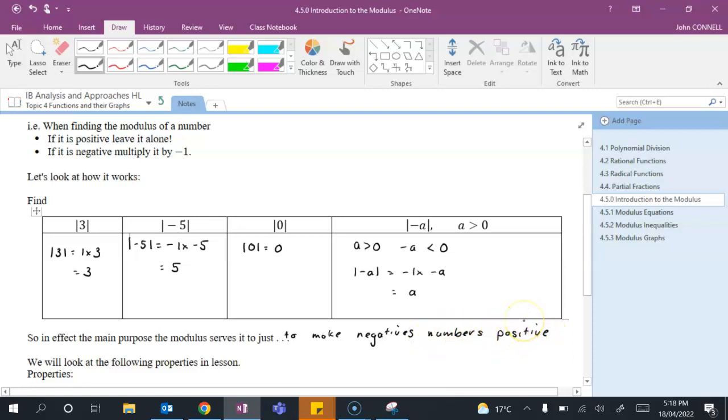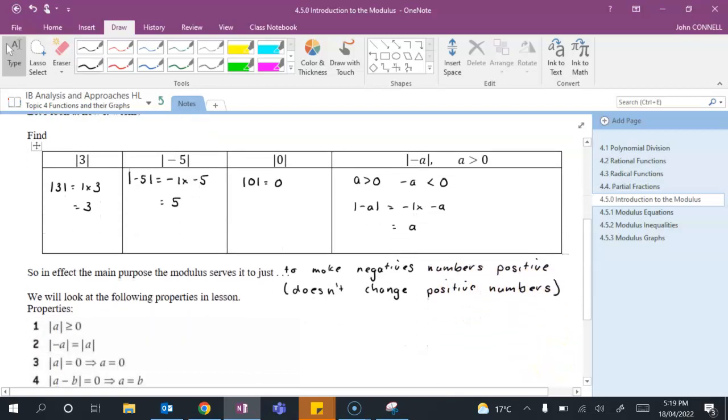So all it does is it only affects the negatives and it makes them positives. If something's positive, it doesn't change it. So perhaps we'll just put that here, that it doesn't change positive numbers. Has no effect on them.